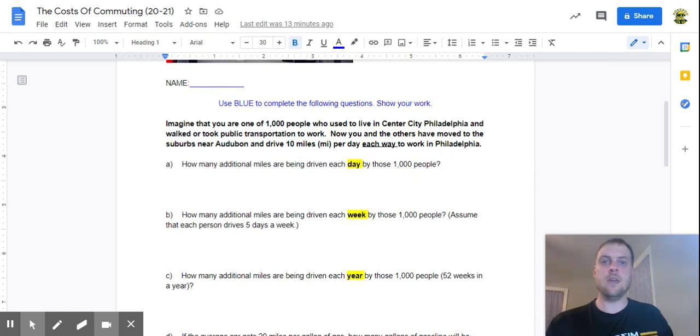So in this little intro, it says to imagine that you are one of 1,000 people who used to live in Center City, Philadelphia, and walked or took public transportation to work. But now you and others have moved to the suburbs near Audubon and drive 10 miles per day each way to work in Philadelphia.